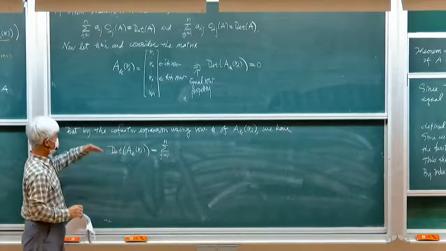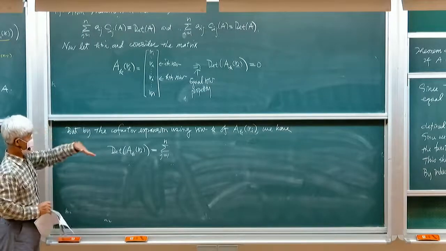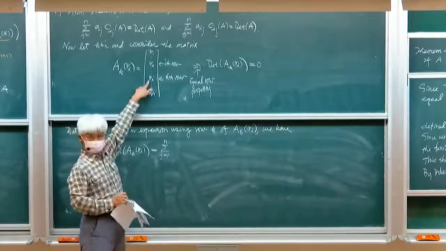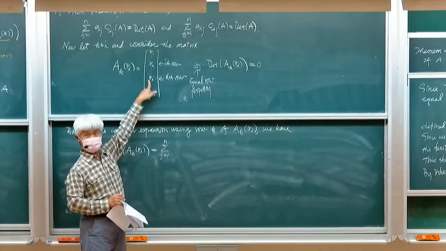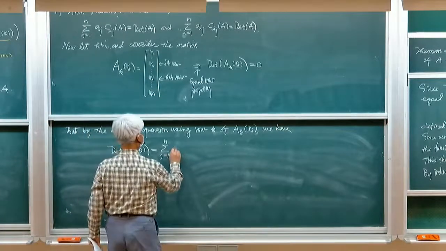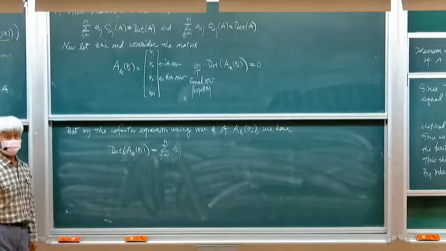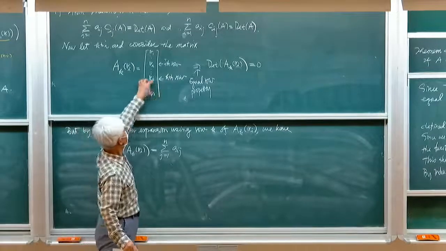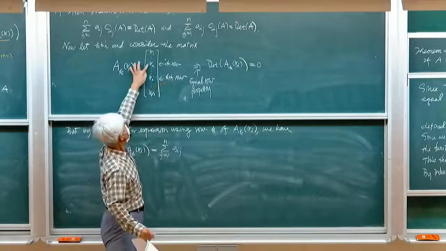Now, because we expand the determinant using row k, but row k of this matrix is indeed the ith row of the original matrix A, the entries here will be a_ij. So we have a_i1, a_i2, a_i3, a_i4, up to a_in as here.